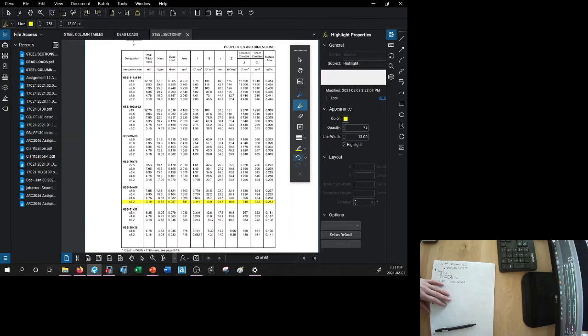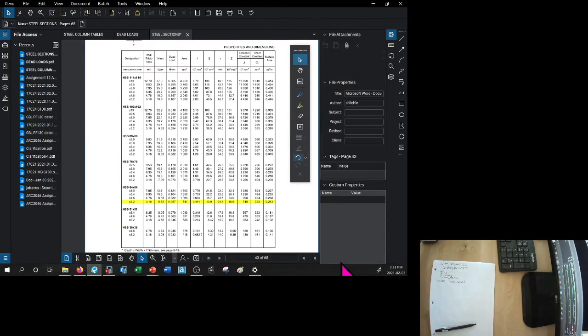We have an area of 741. Oh, look, here's that R, that weird R we've talked about. 24.4 millimeters. And I, let's take a look, I. We have 0.441 times 10 to the 6 millimeters to the 4.